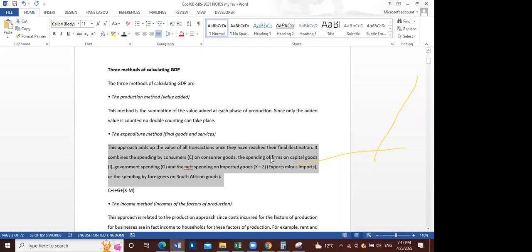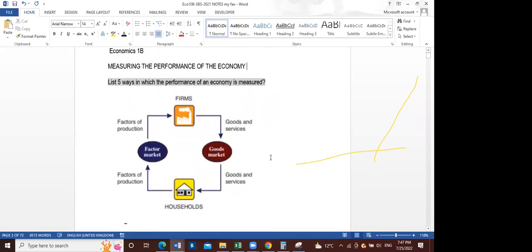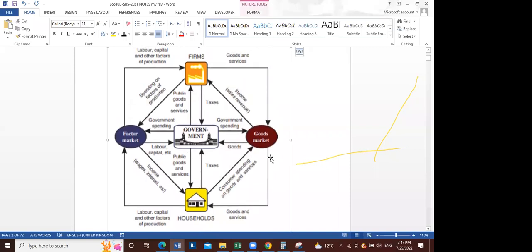All right, so we looked at the circular flow of income and spending. Let me just go back a little bit here. And we identified that we have various participants within this economy, with the households, with the firms, with the government, and also with the foreign sector that you're going to be talking about.